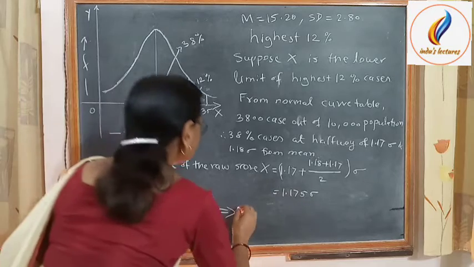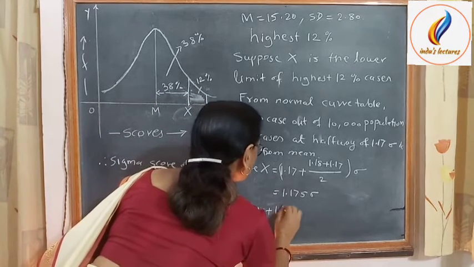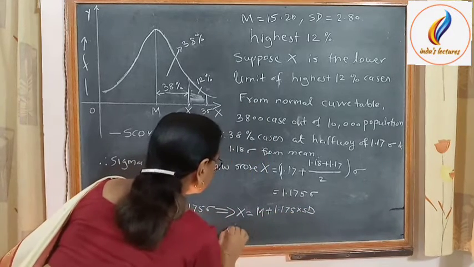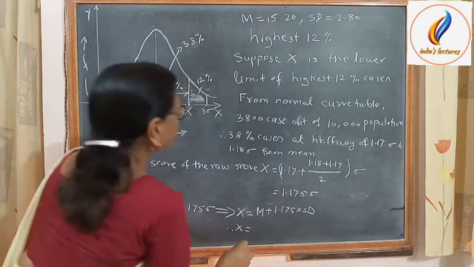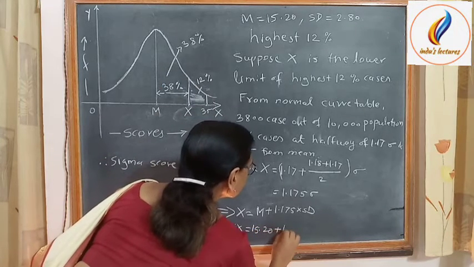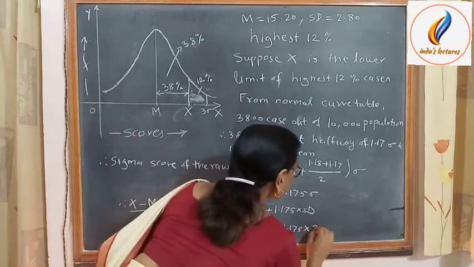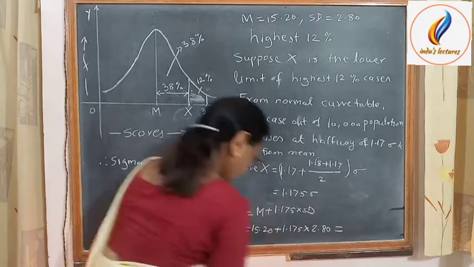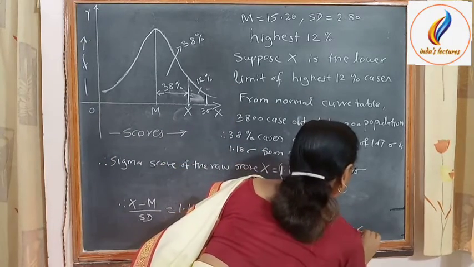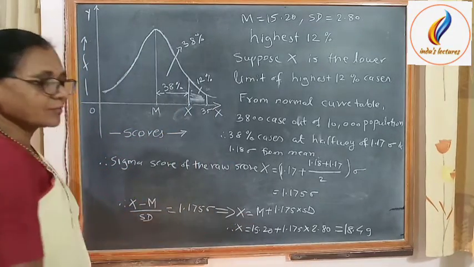To find the sigma score of a given raw score, we use the formula (x minus m) upon standard deviation. Putting in the values, we get x equal to m plus 1.175 multiplied by the standard deviation, so x is equal to the mean 15.20 plus 1.175 multiplied by the standard deviation 2.80, which is equal to 18.49. That means the value of this score is 18.49.